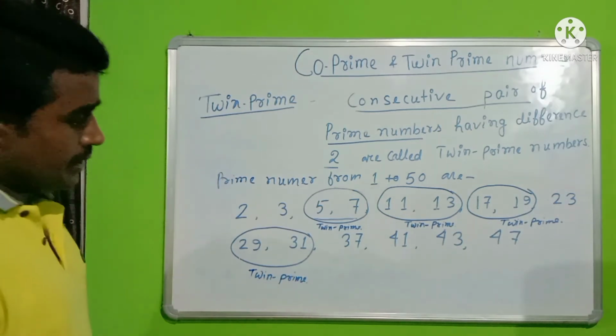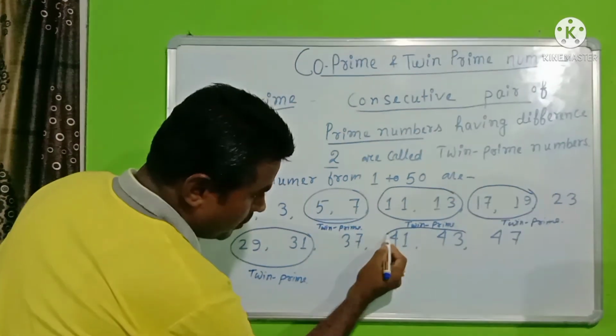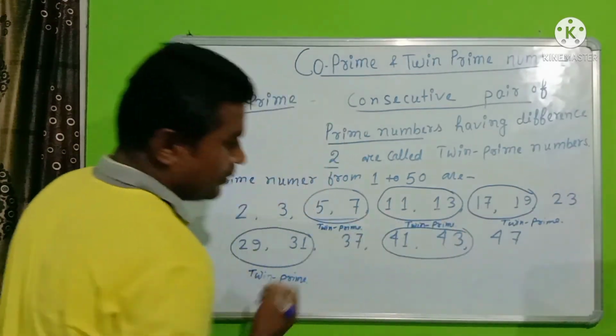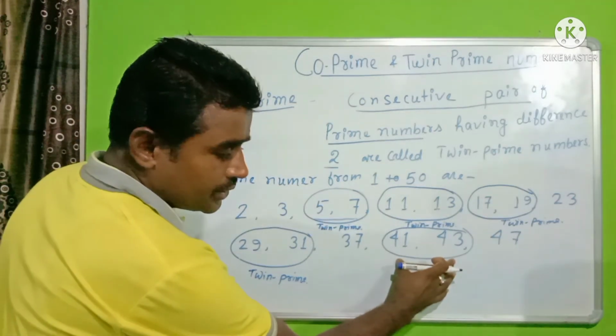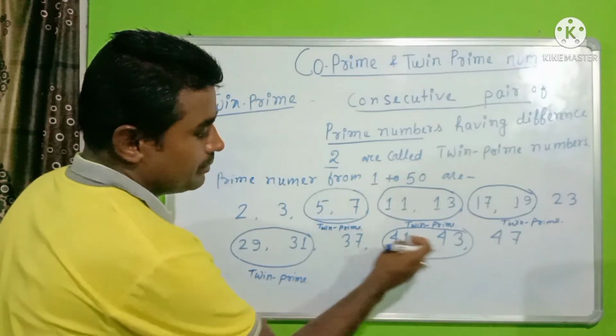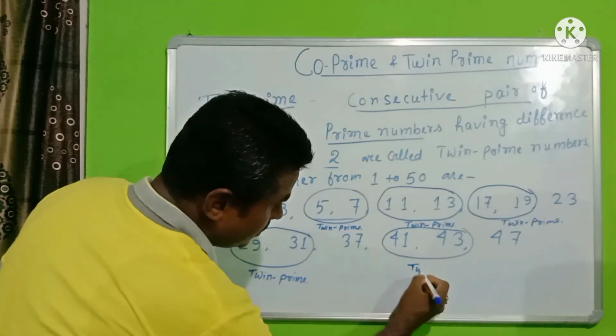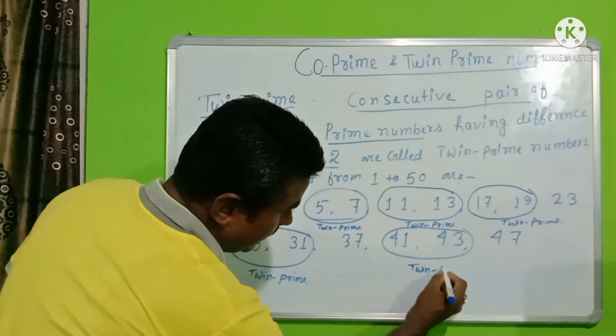Okay, student. The next pair you see is 41, 43. They are a consecutive pair of prime numbers having difference 2. 43 minus 41, it is 2. That means this pair is also twin prime.